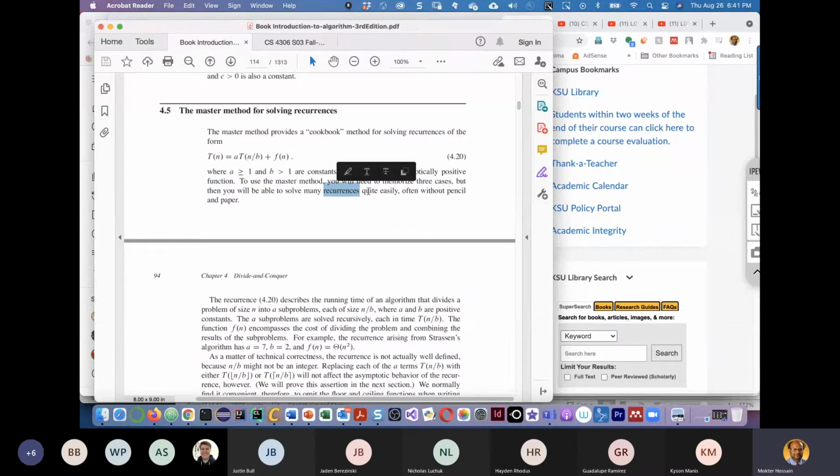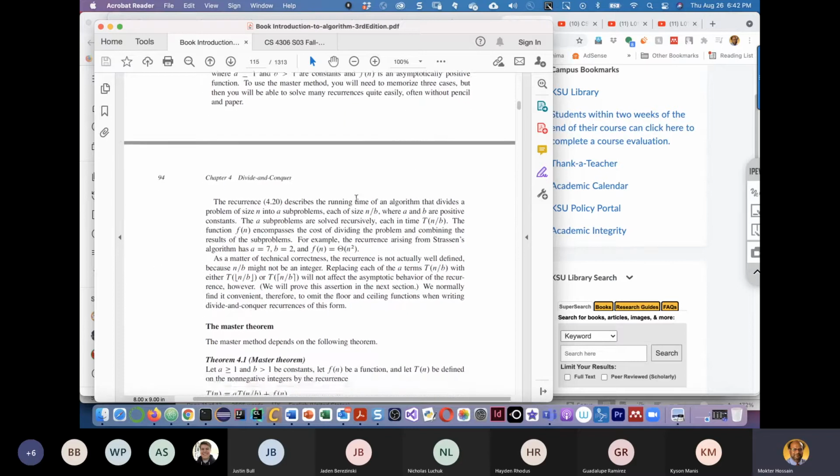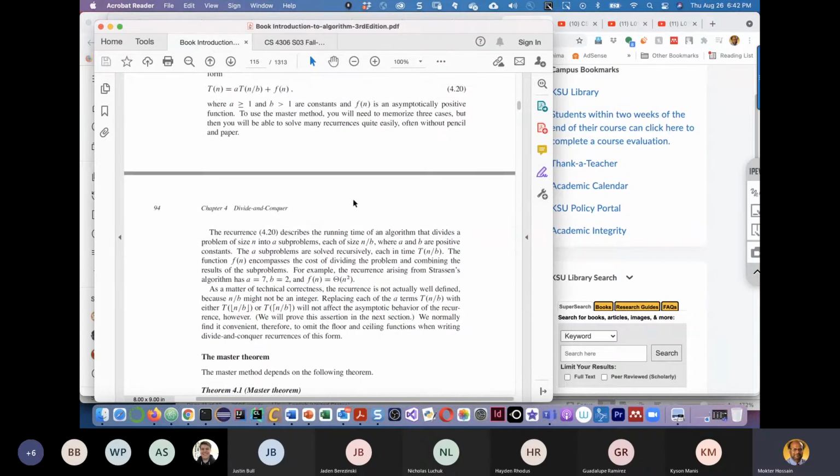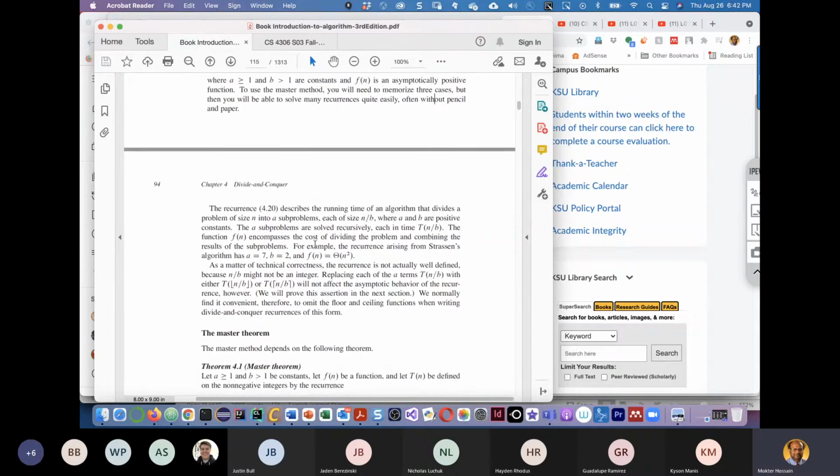If you understand Master Theorem, you can find the running time of some problems just in your head, without using pencil and paper, in a few seconds or a few minutes.